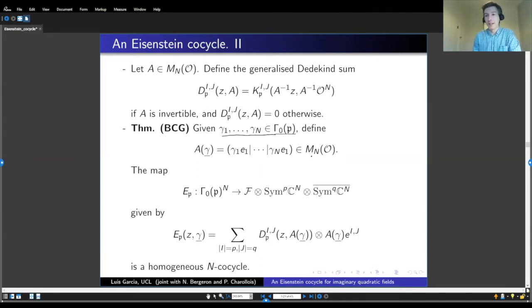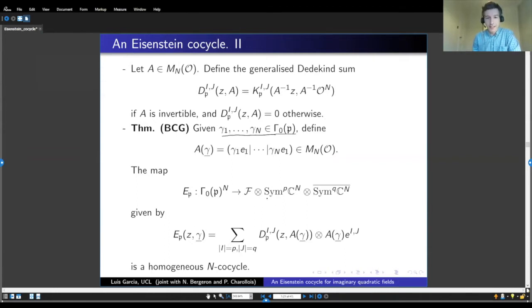So again, that's a matrix with coefficients in O. Now that could be invertible or not, but in any case, we can define a map that I call E_P that attaches to such an n-tuple this quantity here.